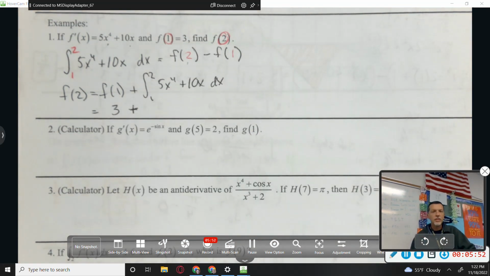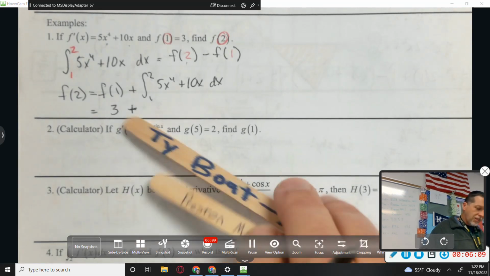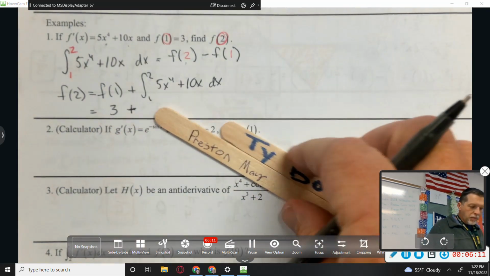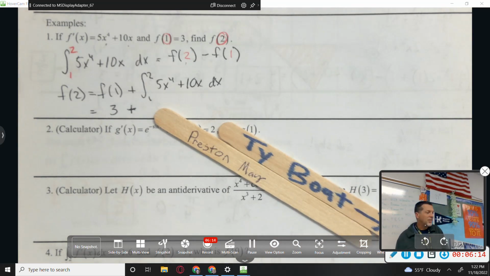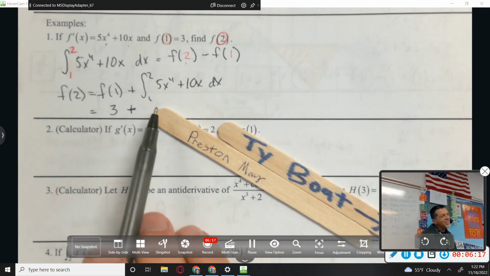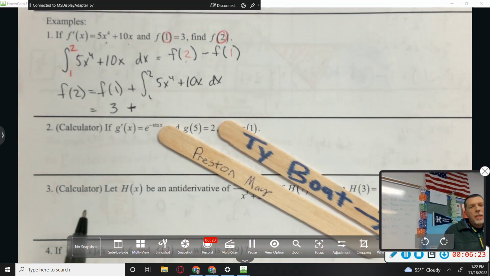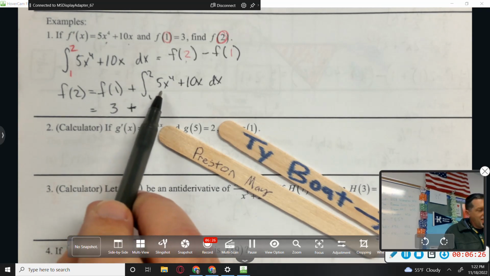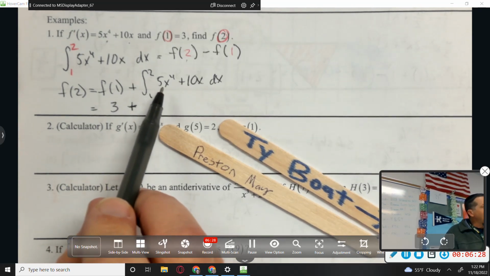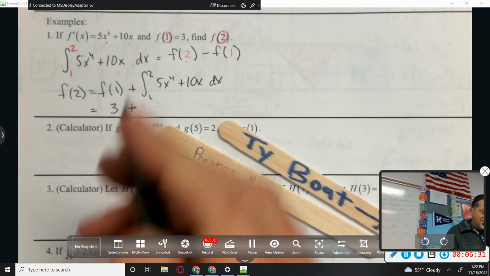Now for the antiderivative stuff. Let's pick on some people. Preston, what's the antiderivative of 5x to the 4th? 5x to the 5th over 5.